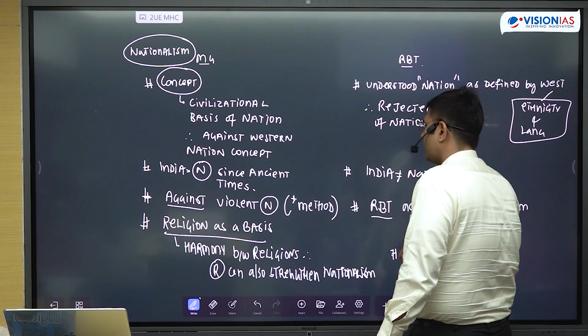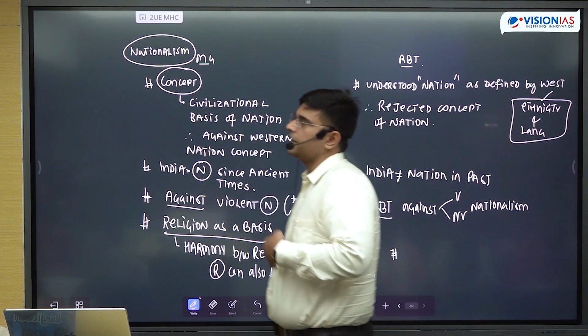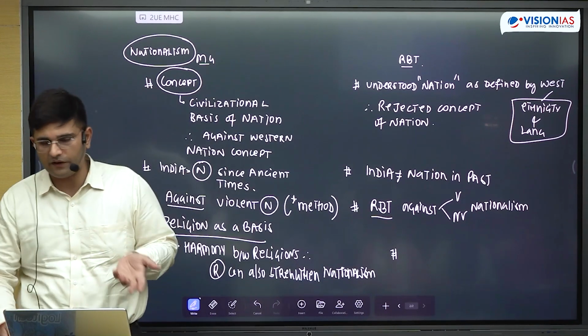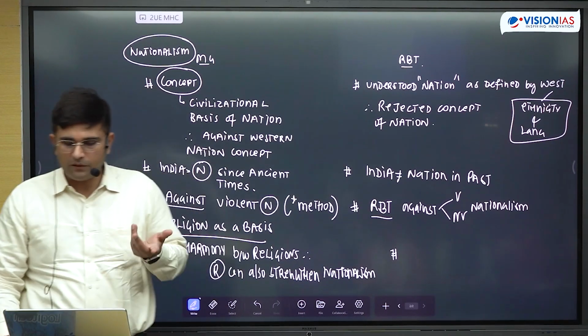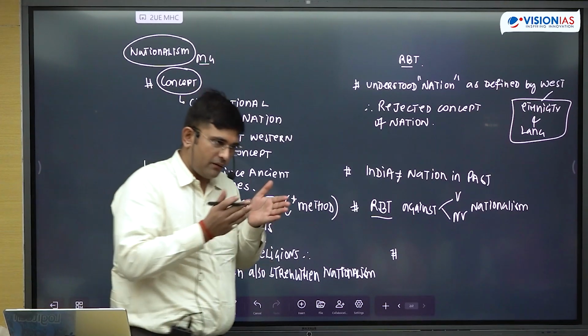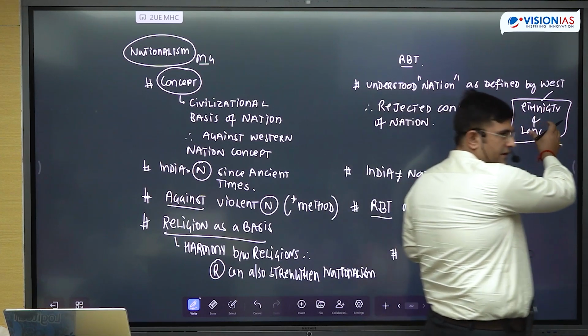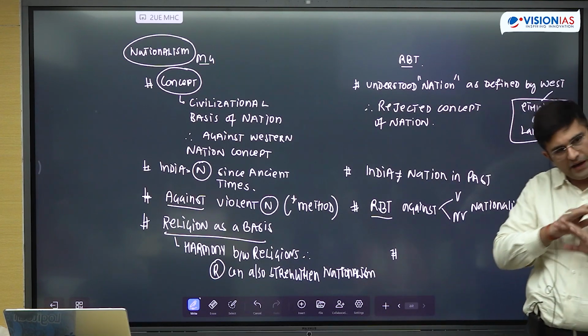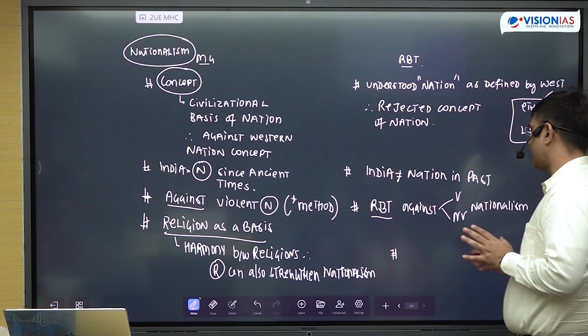Whereas for Rabindranath Tagore, because he thinks of nationalism as defined by the West, in that case there cannot be any harmony between multiple religions either. Because if you add religion also to ethnicity, he is totally against the concept of nation, right?